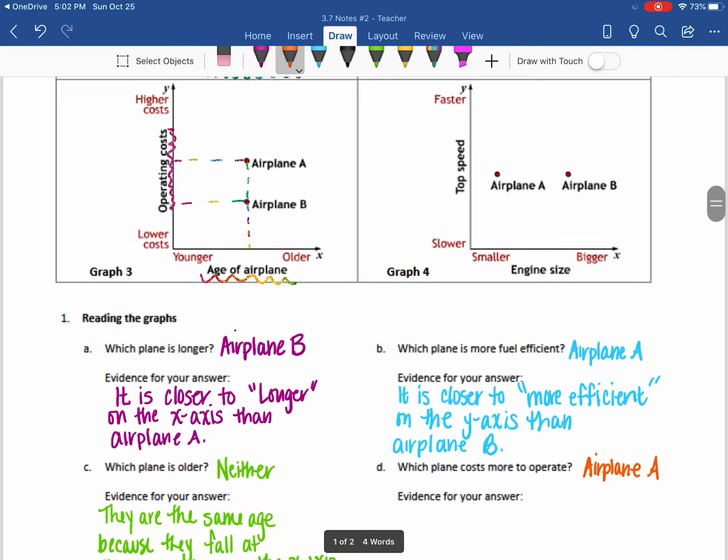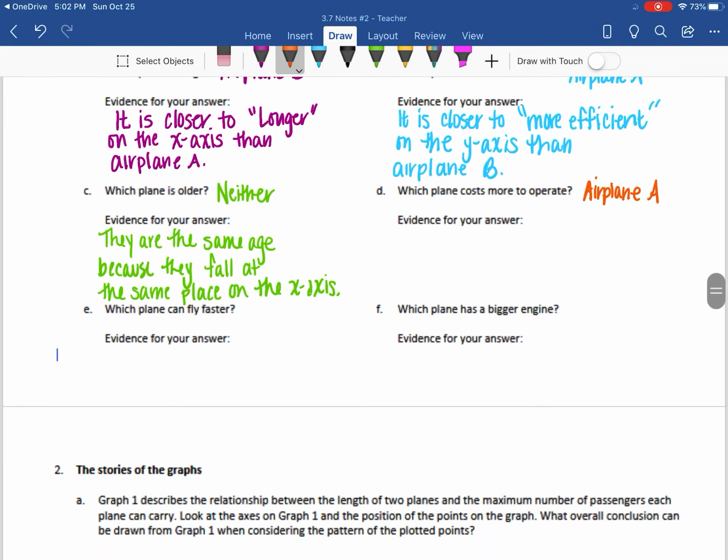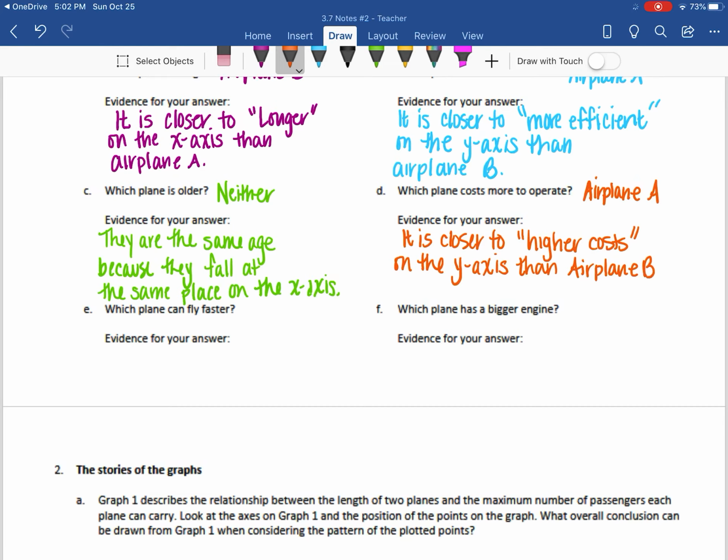And how do we know? It's closer to higher costs on the y-axis than airplane B.